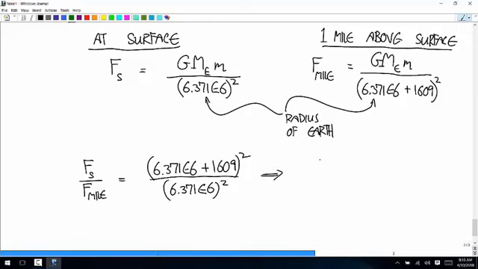And you get that the force at the surface is 1.00051 times the force a mile above the surface. So up to a lot of precision, even a motion of a mile vertically doesn't have any significant effect on the strength of gravity.